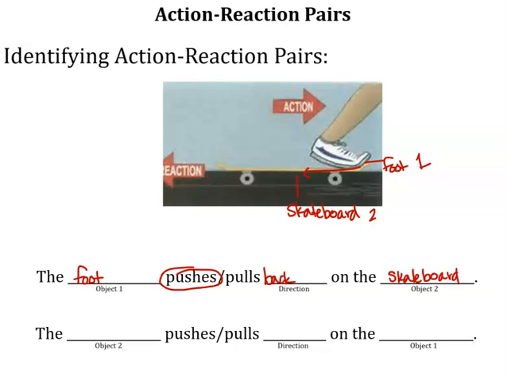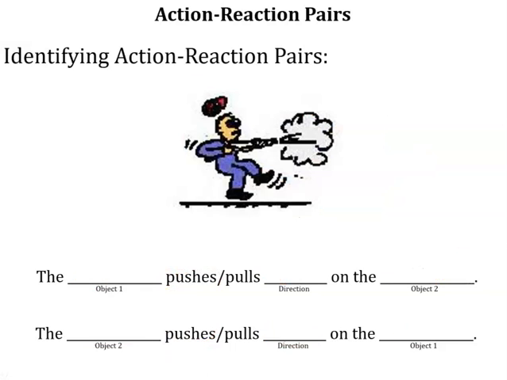And if the foot is pushing backward on the skateboard, the skateboard must be pushing forward on the foot. So the skateboard pushes forward on the foot. This is actually how you walk also. If you are walking on the ground, your foot pushes backward on the ground and the ground pushes forward on your foot.